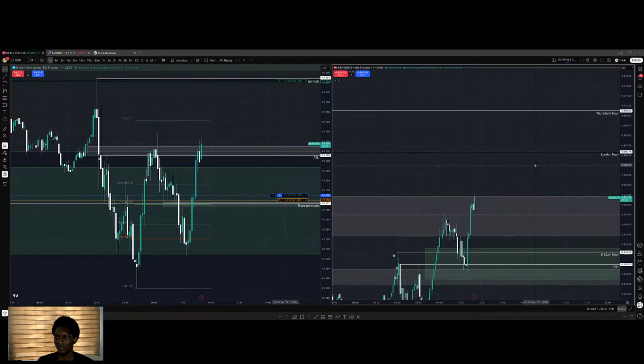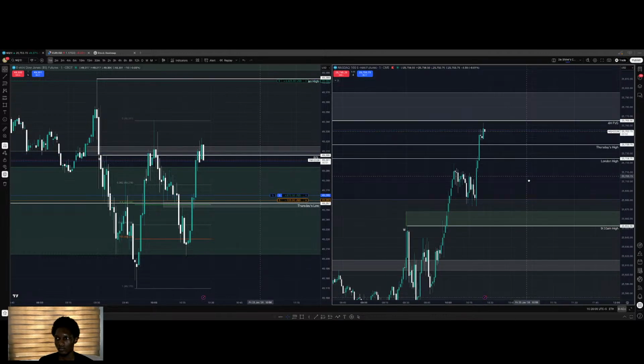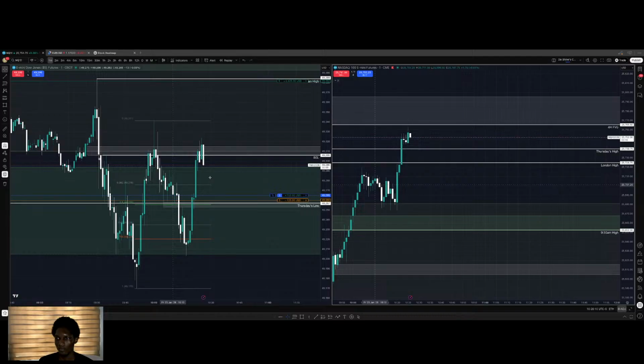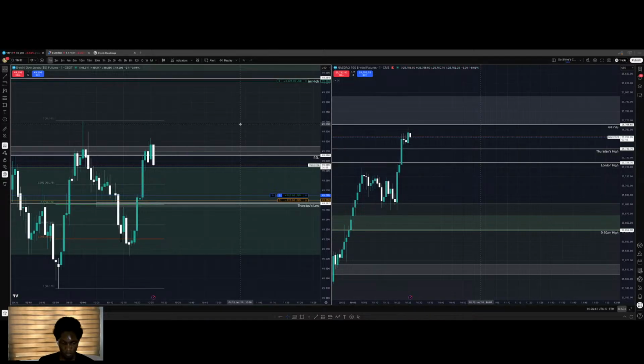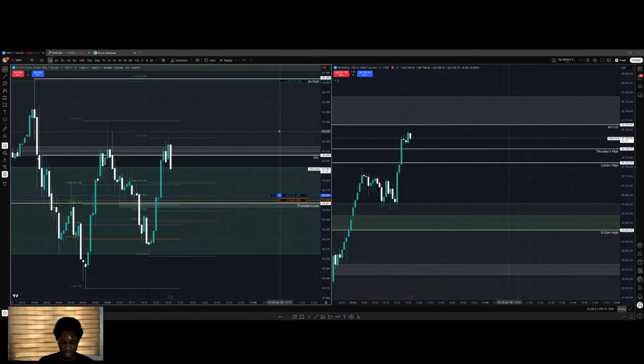I would see if ES is really willing to go to London's high and this, I will expect a retracement for me to then buy for this. Let's see how we retrace here.